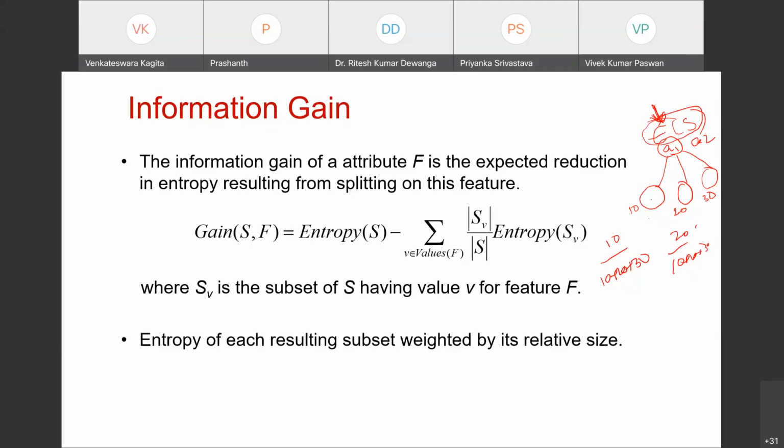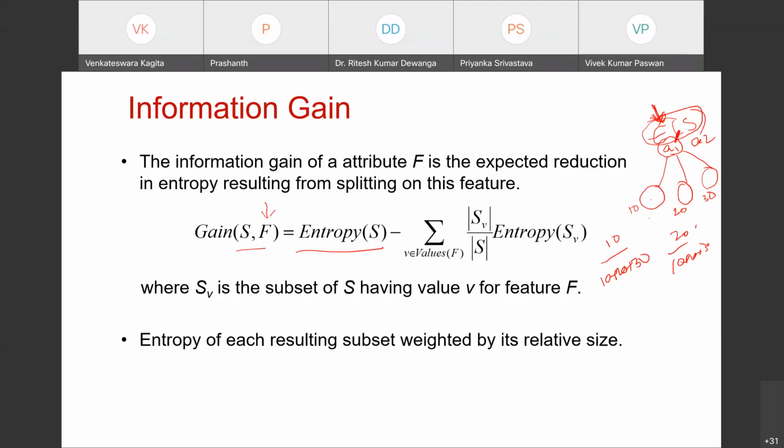So gain of S comma F, where F is a particular feature, is equal to entropy of S, which means without any feature, the impurity at the parent node.